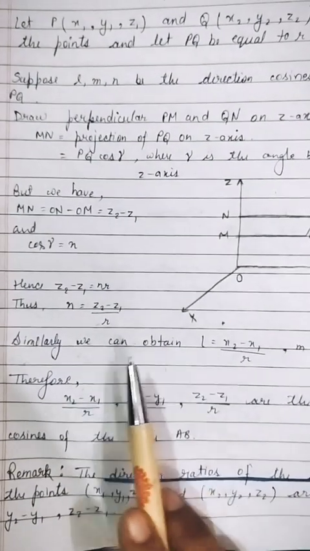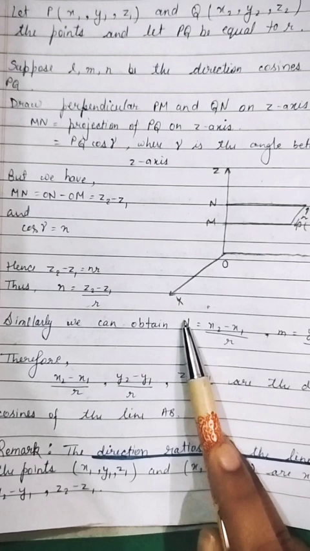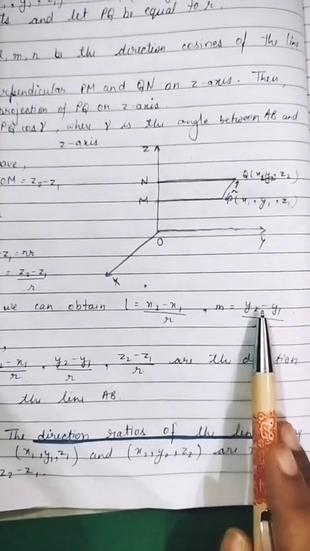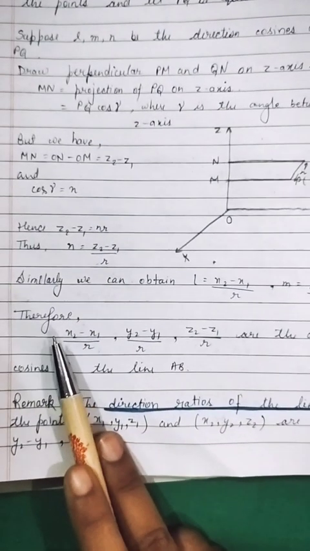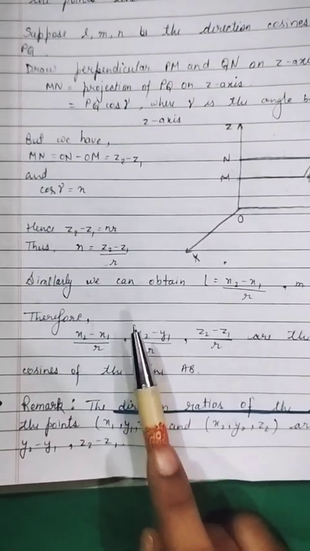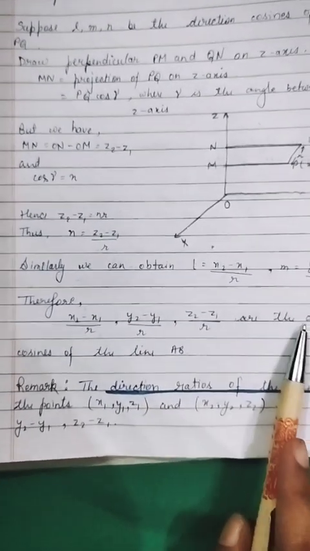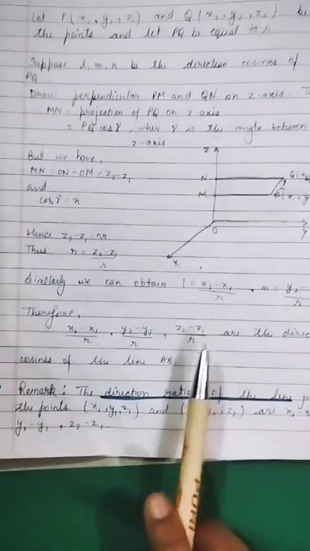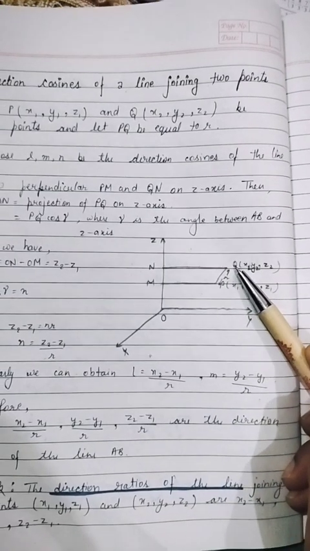So we got the result, that the direction cosine L is equal to x2 minus x1 upon r, m is equal to y2 minus y1 upon r. So we have got the values of L, M, N respectively. So these are the direction cosines of a line AB with the 2 points P and Q given.